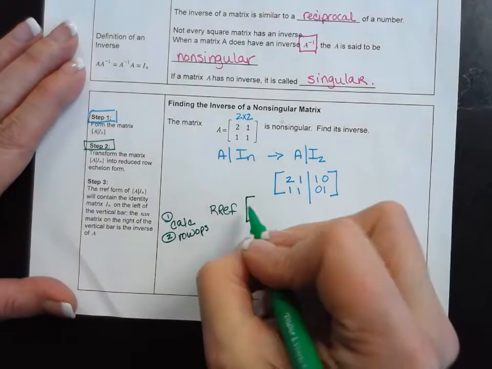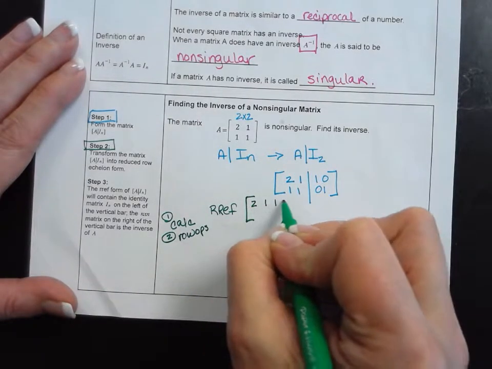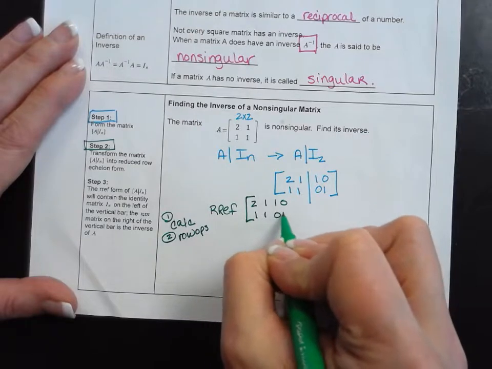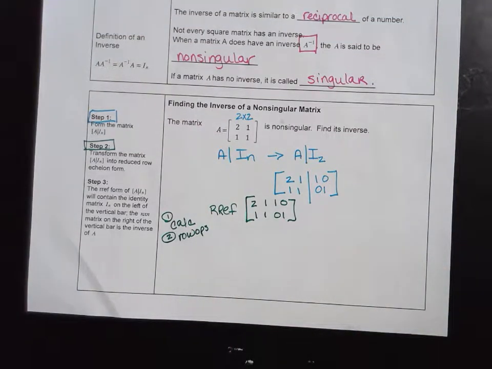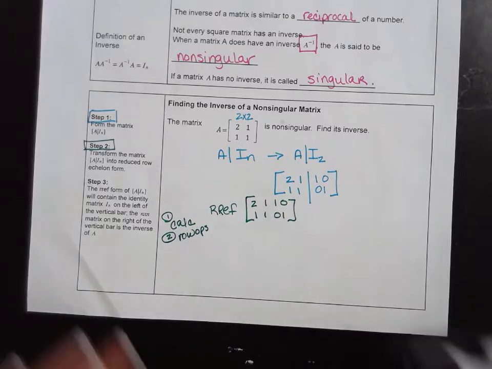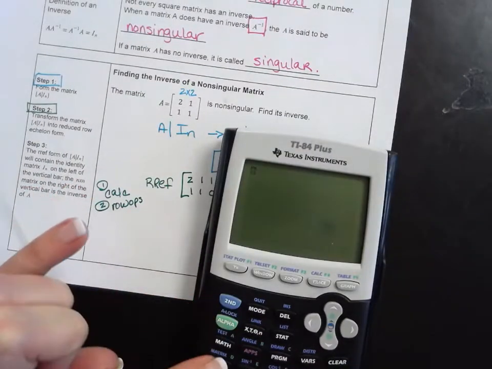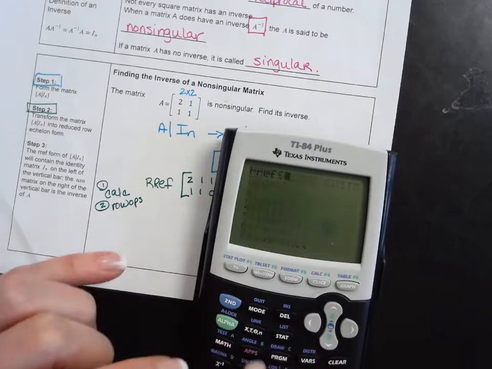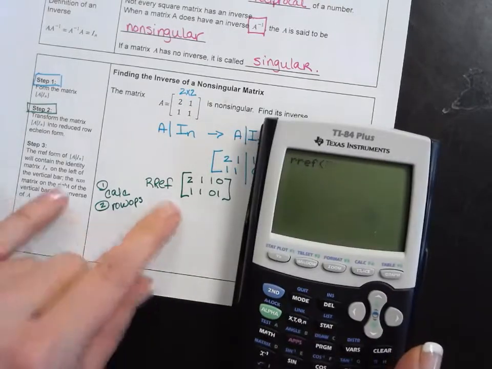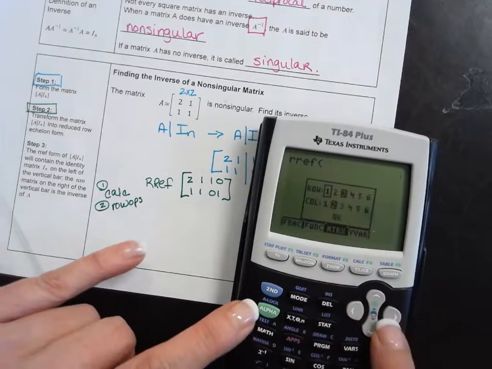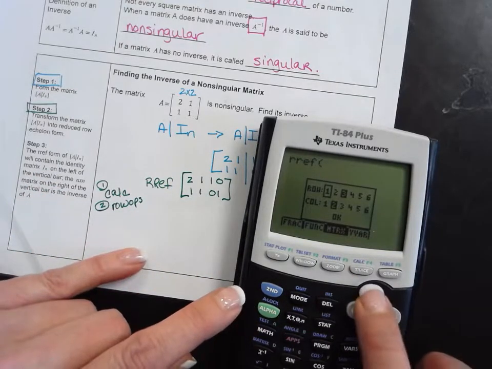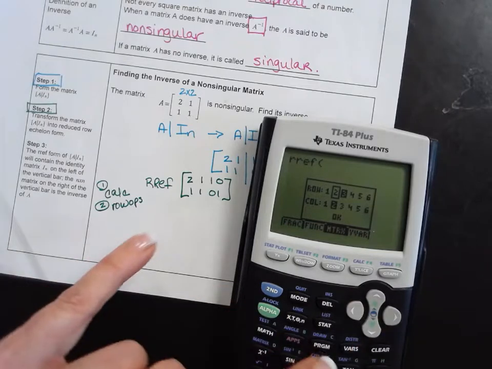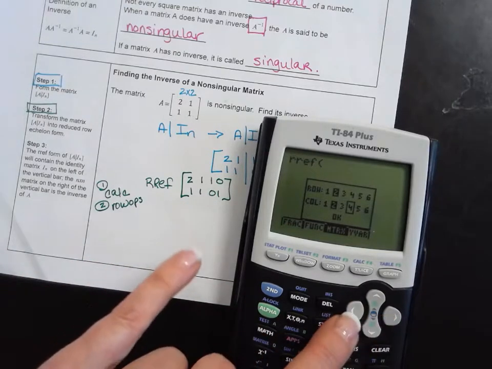So, 2, 1, 1, 0, 1, 1, 0, 1. Can I borrow your calculator for a minute? I'll plug it in while we're doing it too. All right, so I hit matrix, math, reduced row is B, and I have a 2 by 4.